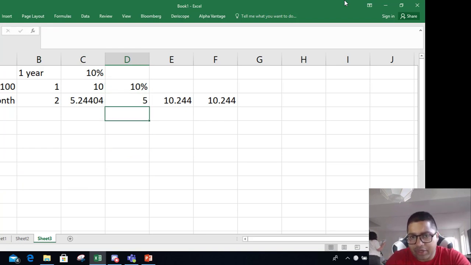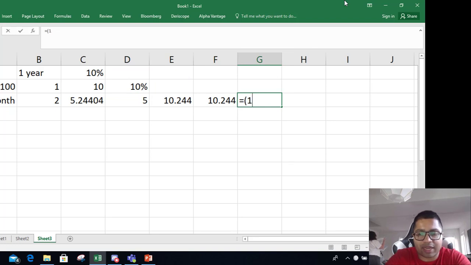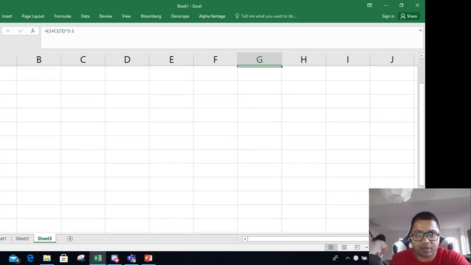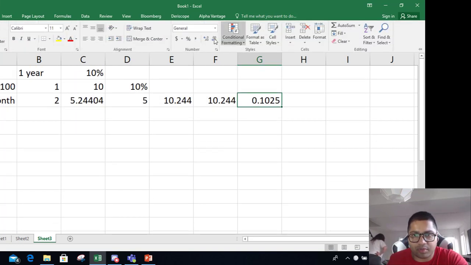So we know 6 months we are going to make 10.24. One other way to calculate it is 1 plus the stated rate, divided by frequency, that is you're going to be paid twice, to the power frequency, minus 1. So it is 10.244 to be very precise.